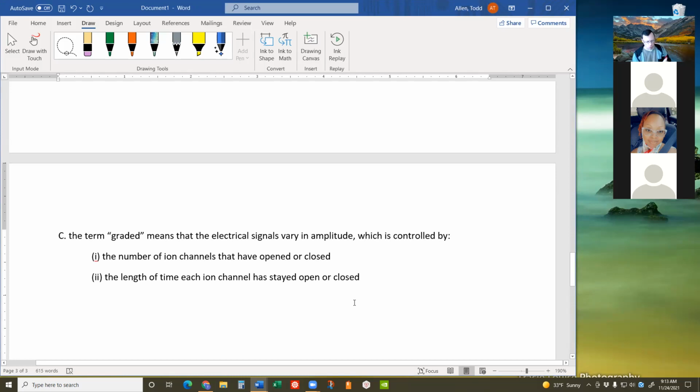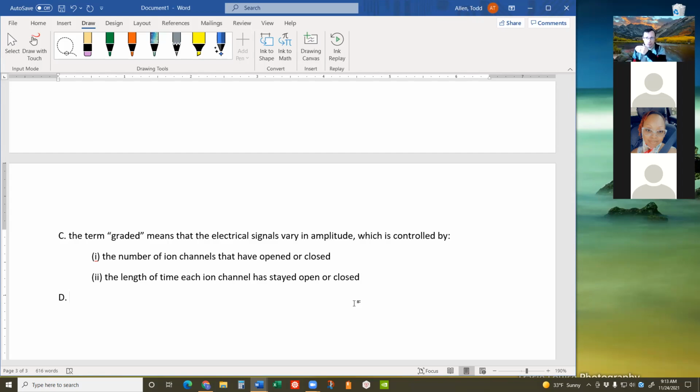Okay. One last thing, and then I think we'll wrap it up for this morning. The last thing is this idea of summation, because graded potentials work over very short distances. They spread a little bit along a dendrite or potentially a cell body, and then oftentimes they just stop because they're only capable of moving a small distance, because of the way the plasma membrane has been designed by Mother Nature.